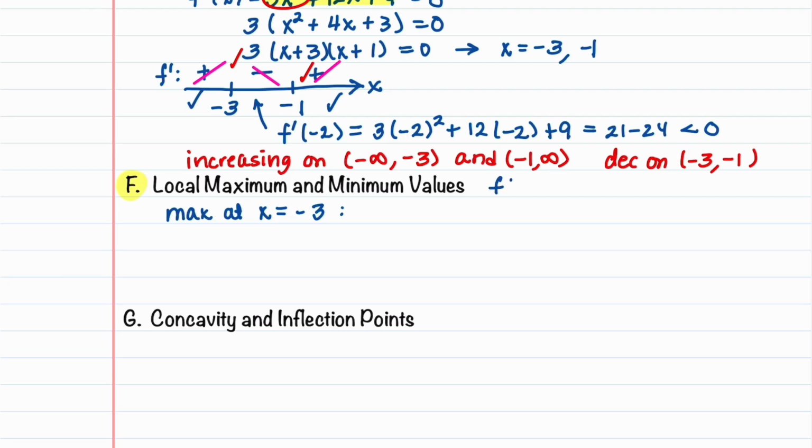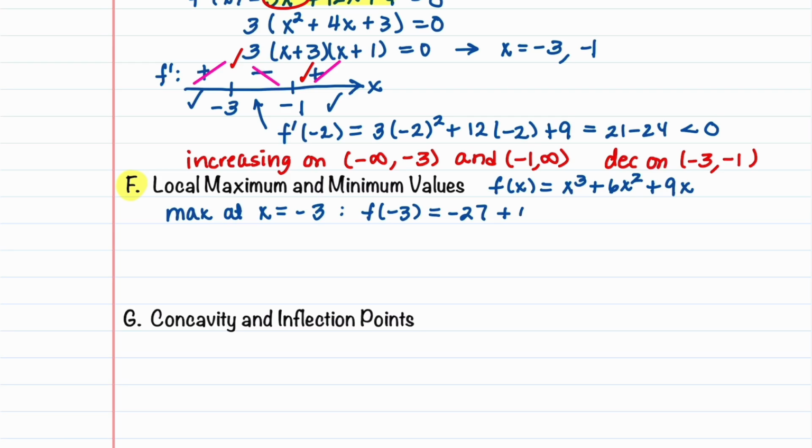So I am going to go ahead and rewrite our function because we're going to need this. It is x cubed plus 6x squared plus 9x. Now we're going to find f at -3. -3 cubed is -27.